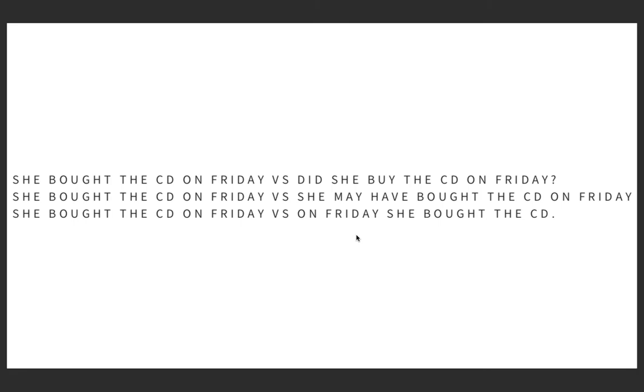Third one is "She bought the CD on Friday" versus "On Friday she bought the CD." It means to say that although there is a switch of the prepositional phrase on Friday, it still carries the same meaning. But if we assess this in terms of the different metafunctions, it will really have a bearing. Why is it placed there?